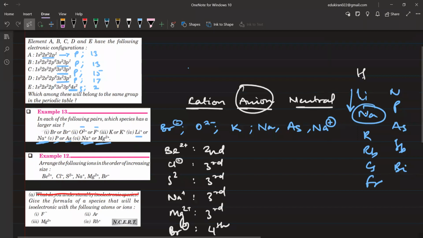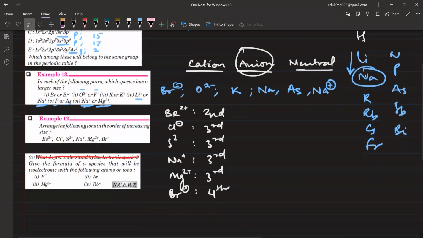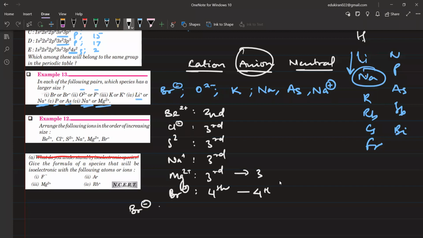So which one of them is going to have the largest shell? Bromine. Bromine is going to have the largest shell because in the fourth period, that means it has fourth shell, right? This has third shell at max. So Br negative is going to be the largest, followed by the rest. Now I have many third shell.